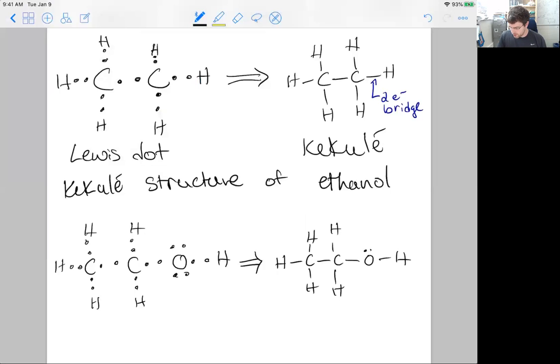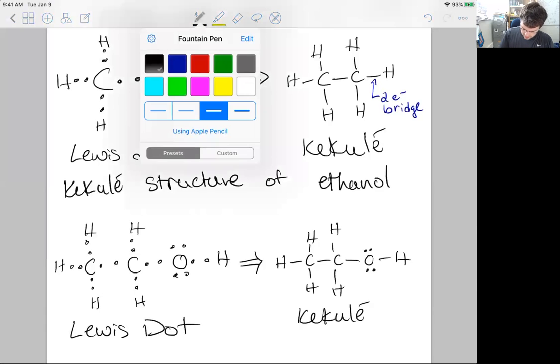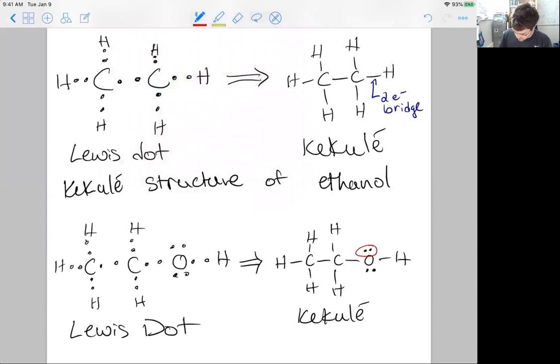What we need to remember when we're drawing Kekule structures is that these pairs of electrons that don't participate in bonding must still be drawn. So we want to draw paired but unshared electrons.